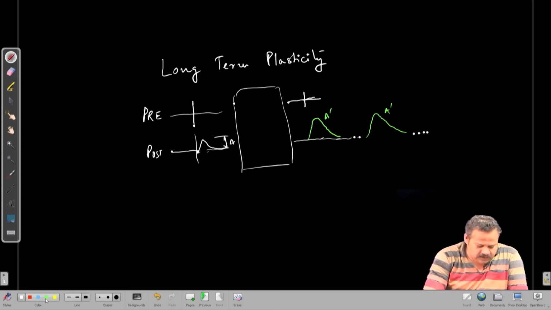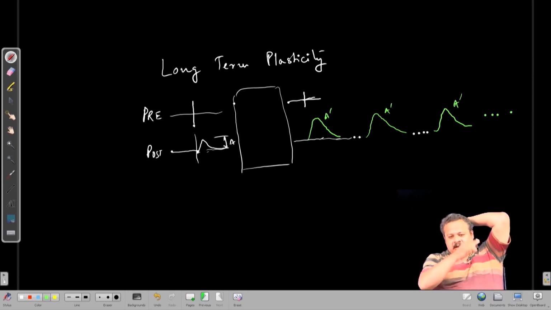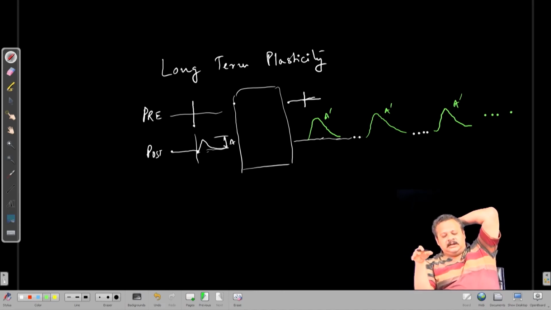You measure again, it's still A prime, and for measurable periods of time this remains at A prime or a value larger than A, and saturates at that value. That is, it keeps its synaptic strength.